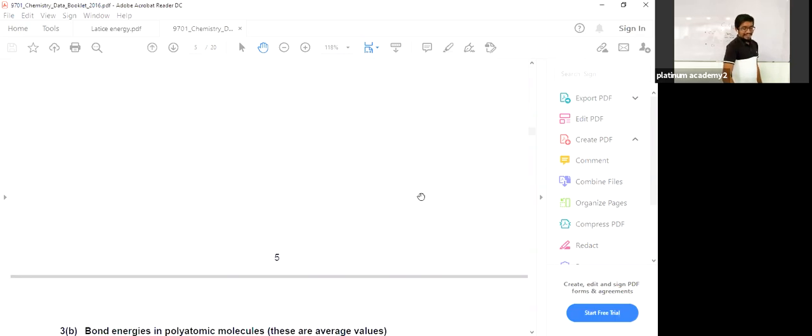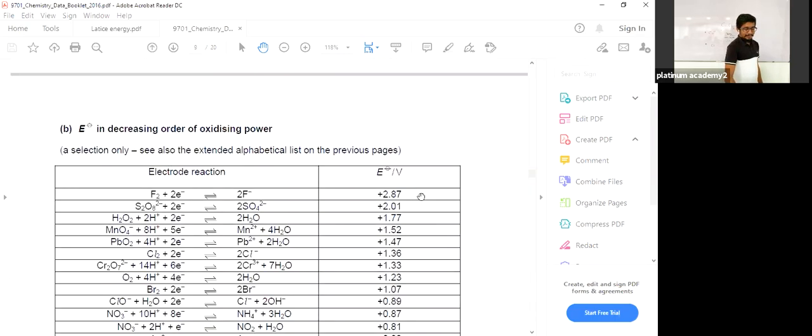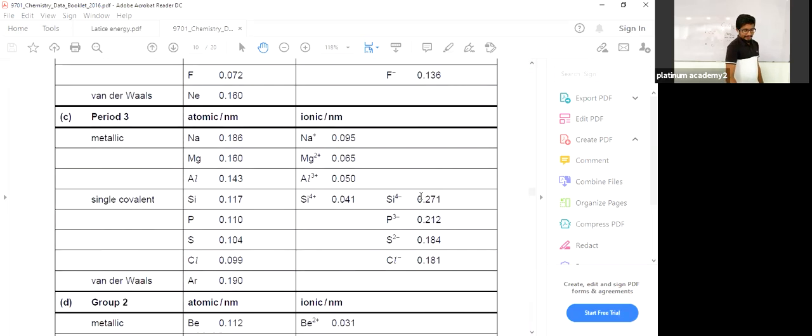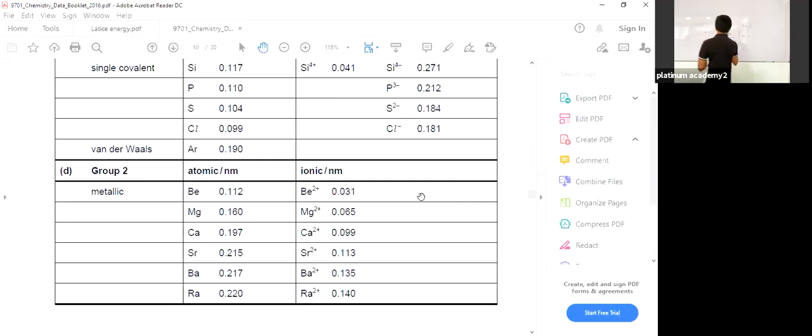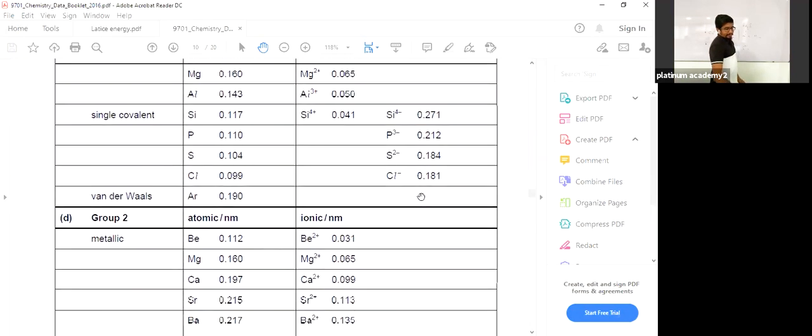Right. I'll tell you the ionic radius of calcium 2 plus. Quickly write down. Calcium 2 plus is 0.099. Then you can write down the ionic radius of Na plus is 0.095.